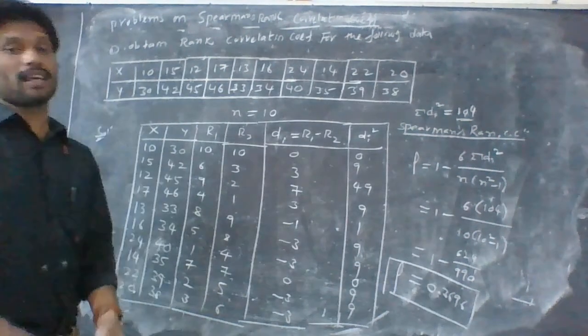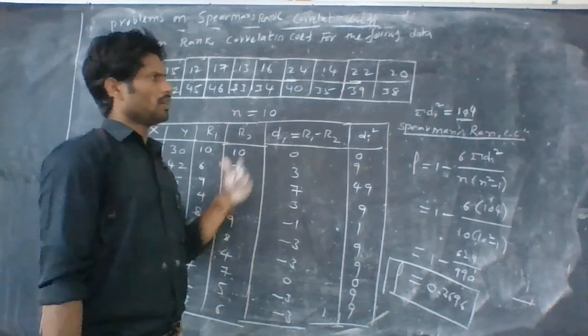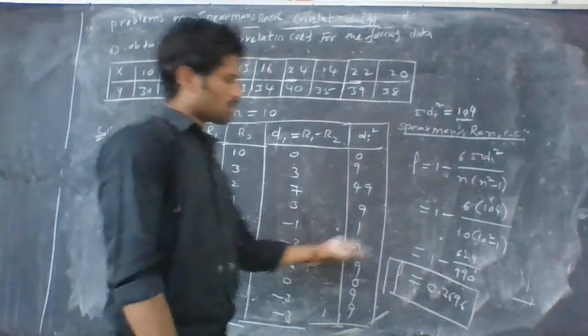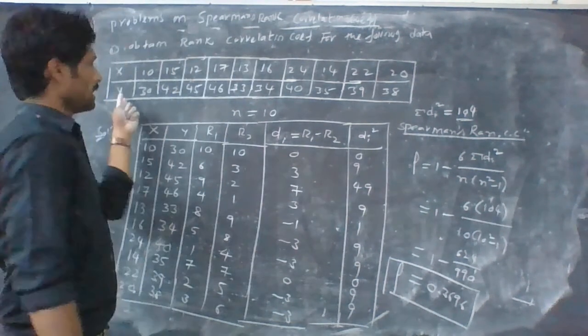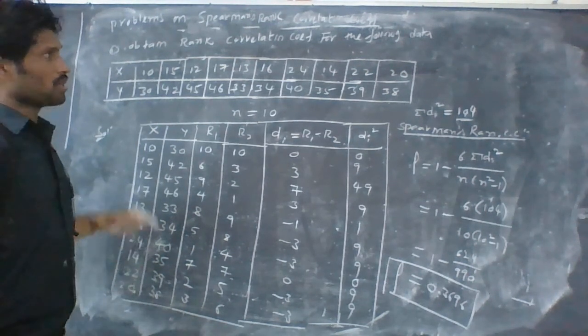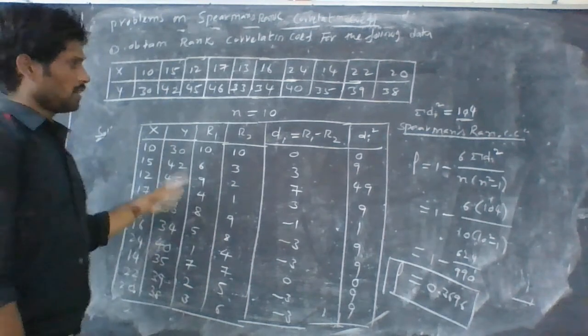Rho also lies between -1 and +1. A negative value means the variables are negatively correlated, and a positive value means x and y are positively correlated. This is the solution of the rank correlation coefficient using different ranks.